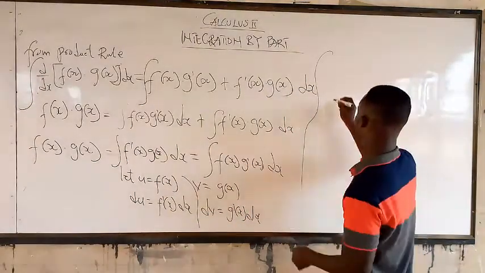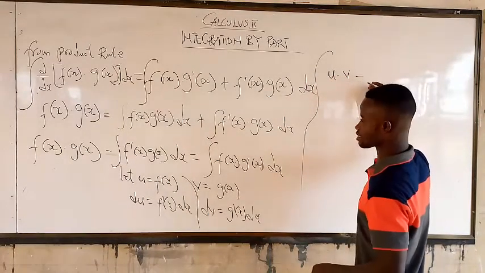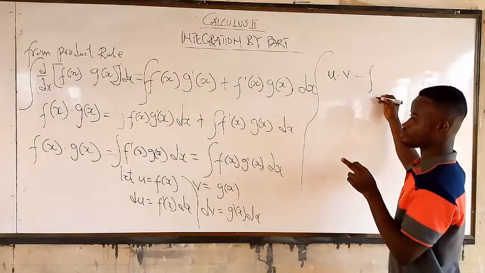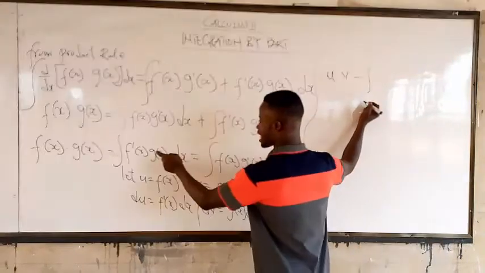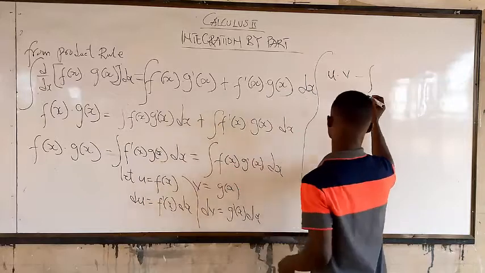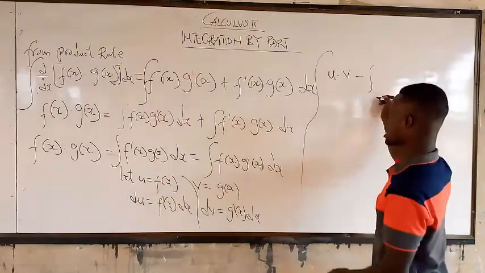So here we get u times v minus the integral of f prime of s ds, which is du, and we also know that g of s is v.